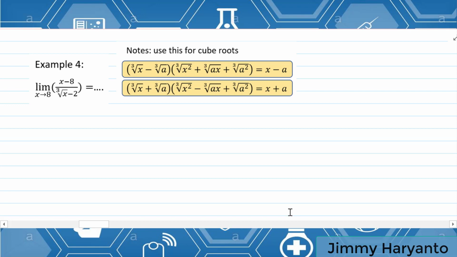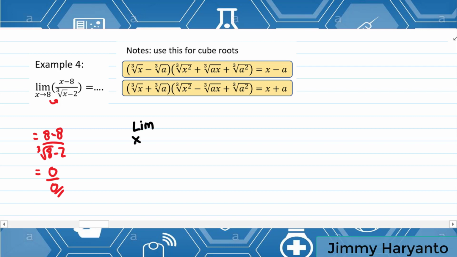Next is this one. Okay, now we will deal with cube roots, not square roots anymore. Let's try to substitute it first. 8 minus 8, cube root of 8 minus 2, 0 over 0, so this one is 0 over 0 again.